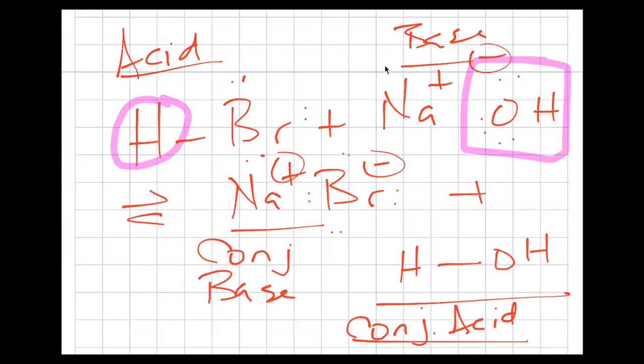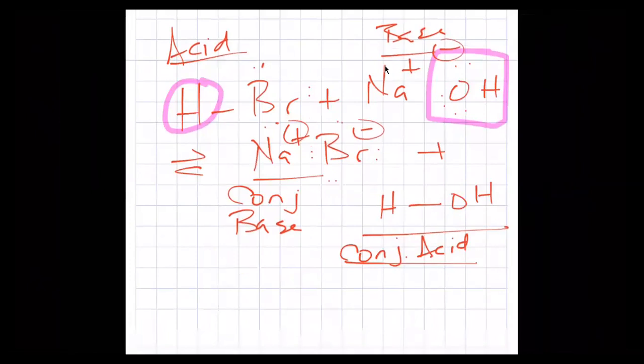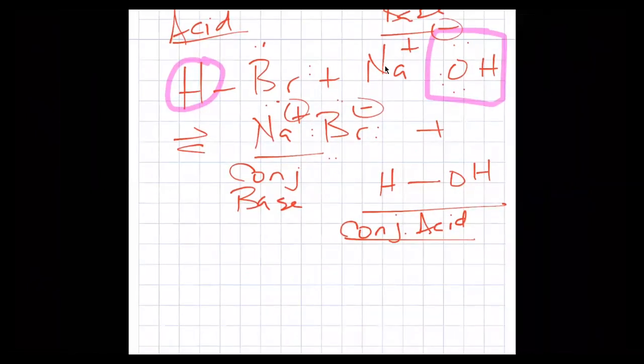All right. Everything that we talk about from this point forward is going to be based on the conjugate base stability, right? So Br minus is the part of the conjugate base that we care about. That's going to determine how well HBr loses H plus.